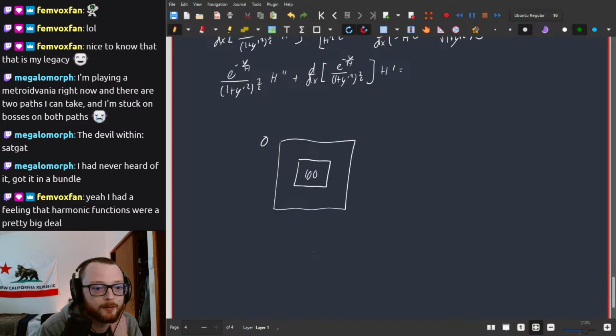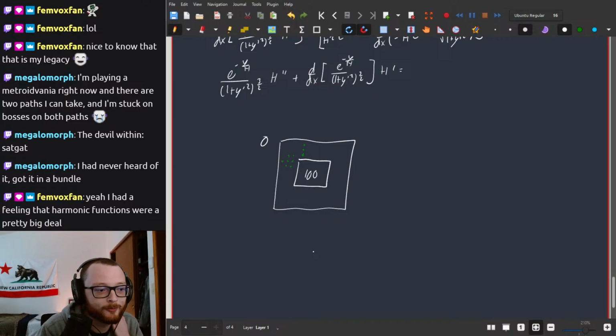If you discretize this, you can set each point to be the average of its neighbors, and that gives you an approximation for the voltage at each point.